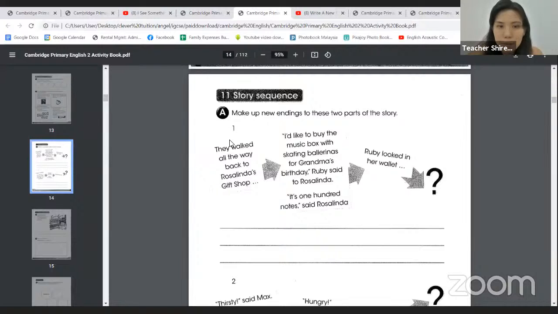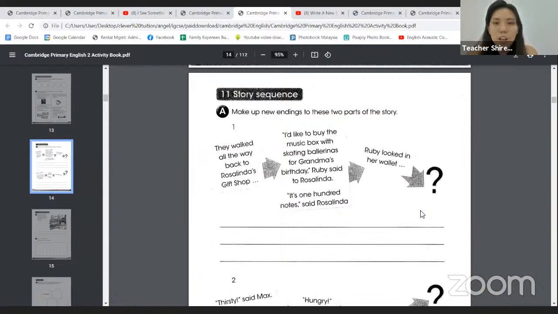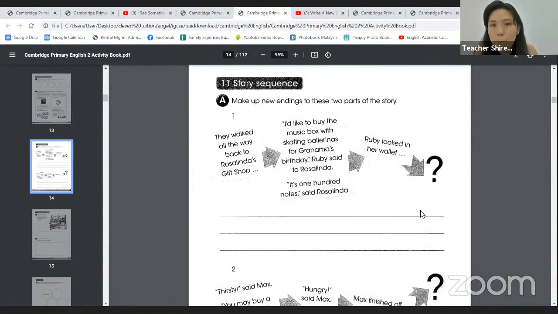For example, they walk all the way back to Rosalinda's gift shop. "I'd like to buy the music box with the skating ballerina." "It's 100 notes," says Rosalinda. Ruby looked in her wallet. And what happened next? You can change the story, like she noticed that she had no more money.